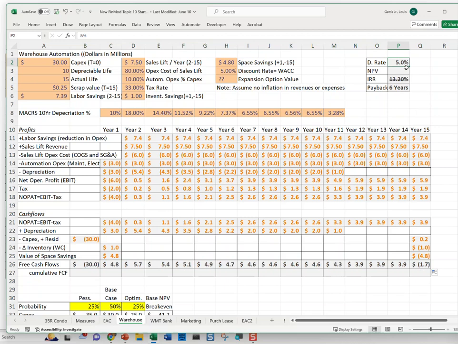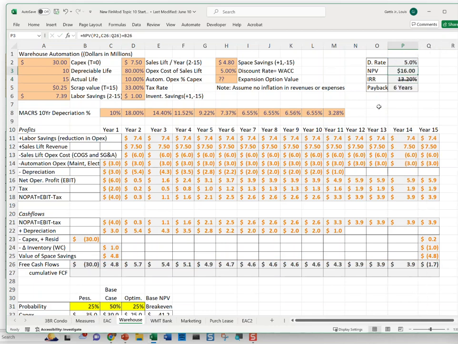So again, I can do my equals NPV, put in my 5% up here, comma, my future cash flows, and then add that first cash flow, since the NPV function assumes the first cash flow is year 1. And let's see what that value is. So it's $16 million NPV. So that project must be giving me more than a 5% return.